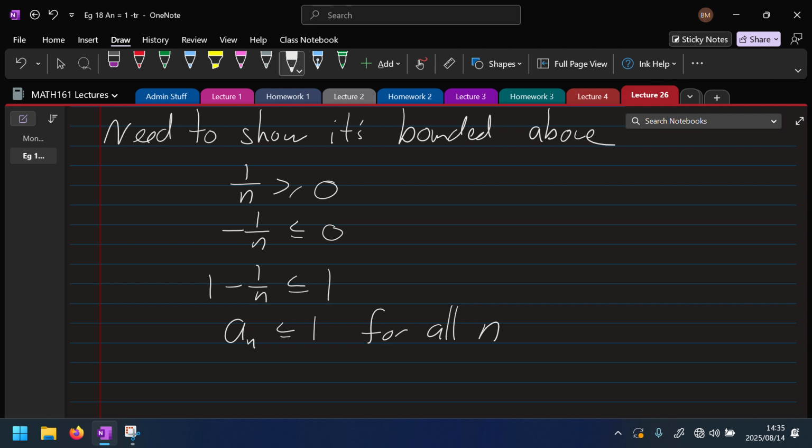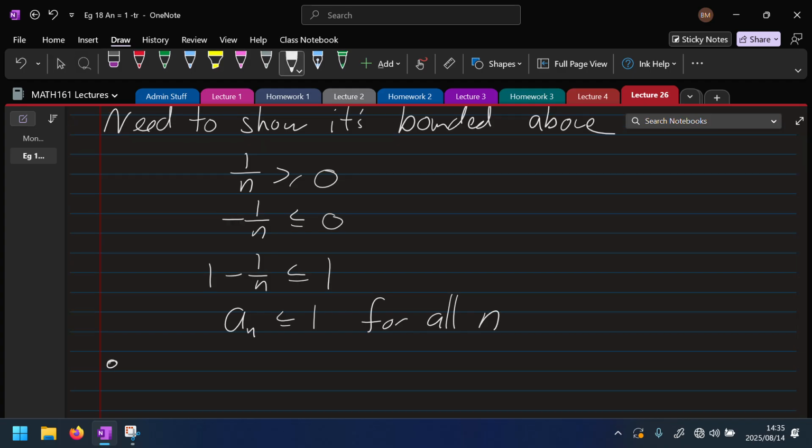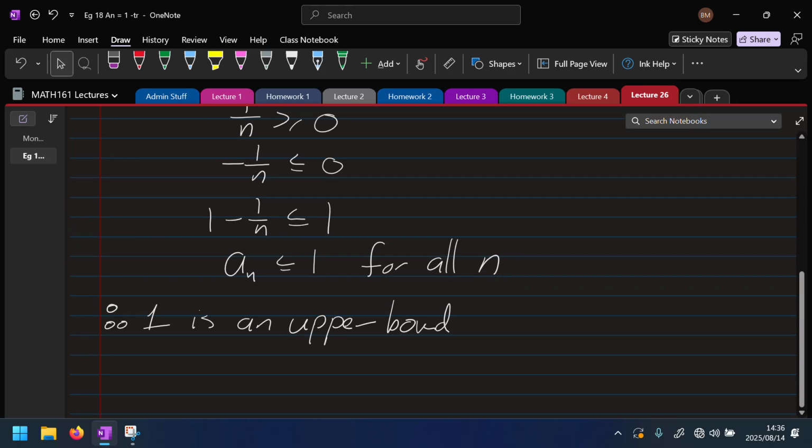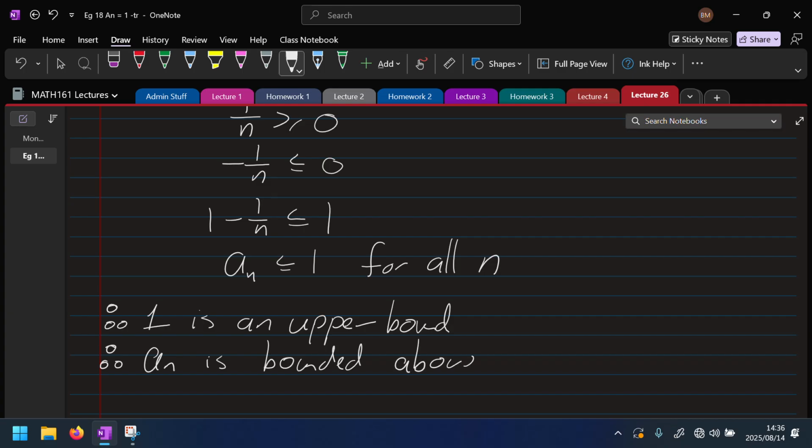Every single sequence element is smaller than 1, so 1 is an upper bound. You can do the same thing for 2 or 4; you pick any number and show that it will be smaller than that. We found one upper bound, which means it must be bounded above. We just need one upper bound.